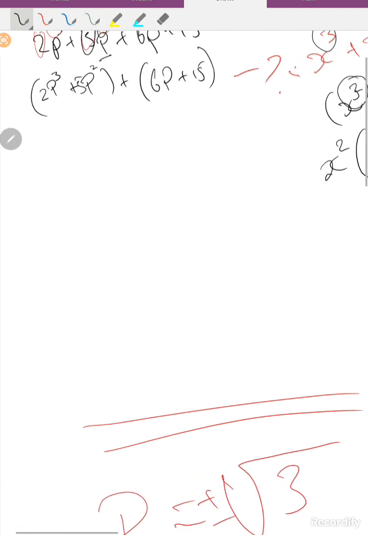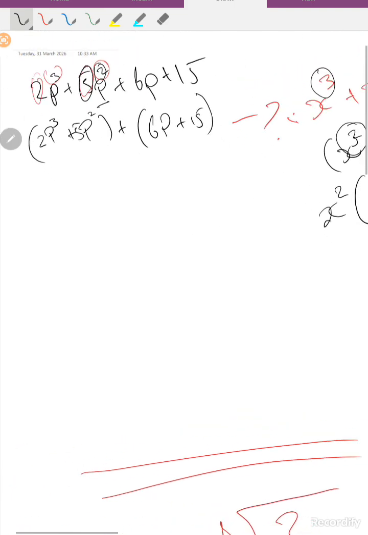So let's go back to the equation. You are going to arrange that by the highest exponent. Therefore, you are going to take the common factors. You are going to derive the common factors. So the common factor from the first expression, we have p squared, right?